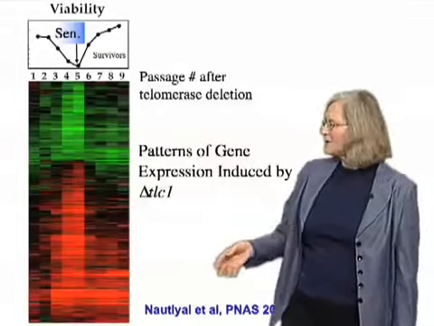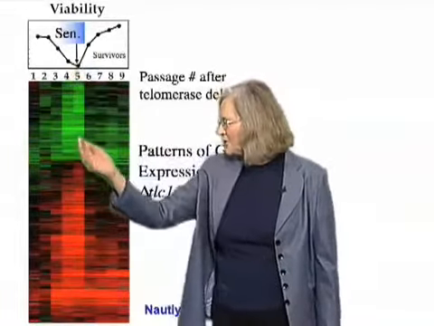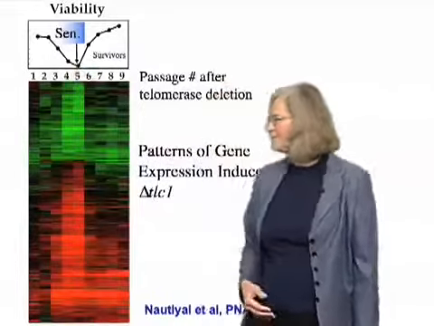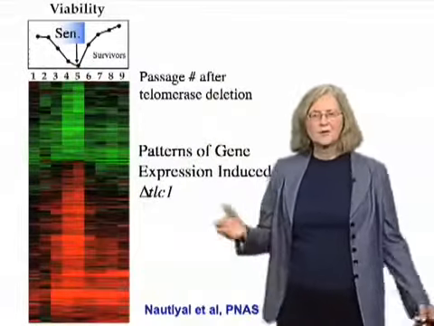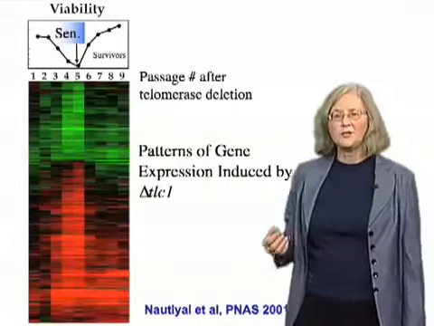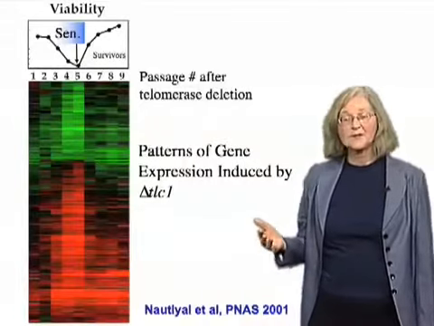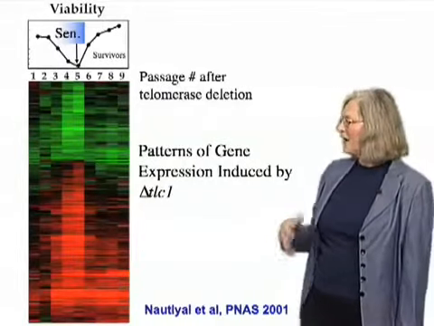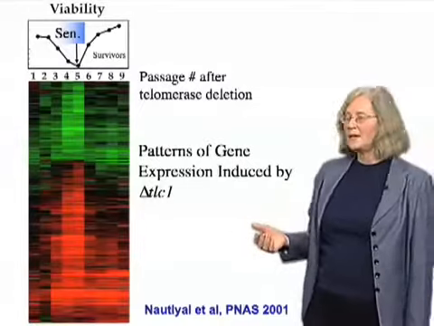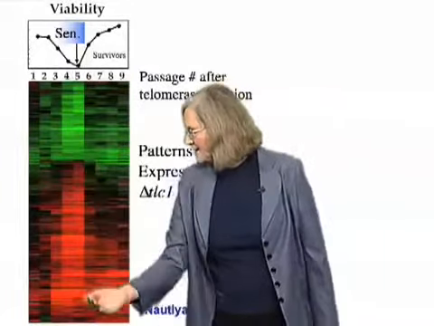Now right away what you can see is that the maximum changes occurred right when the cells were approaching and into senescence. 650 genes is something like 10% of the genes in the genome, which is about 6,000 to 7,000 genes. So about 10% of the genome shows a change in expression, particularly at senescence.